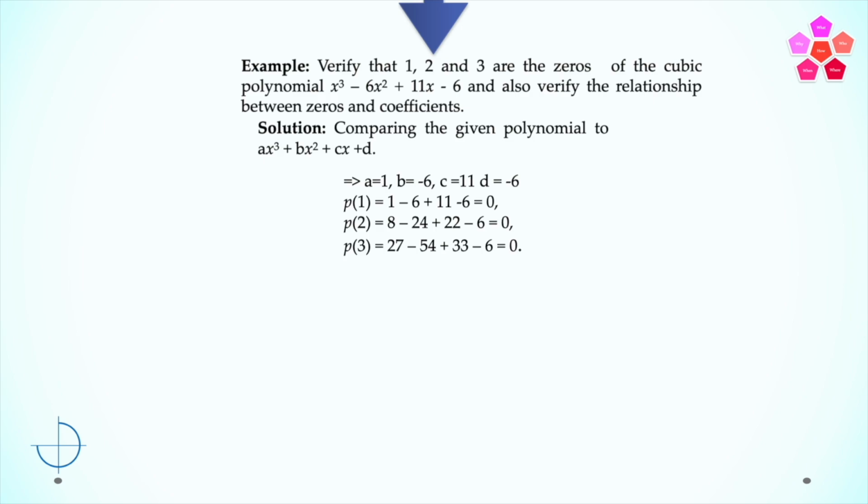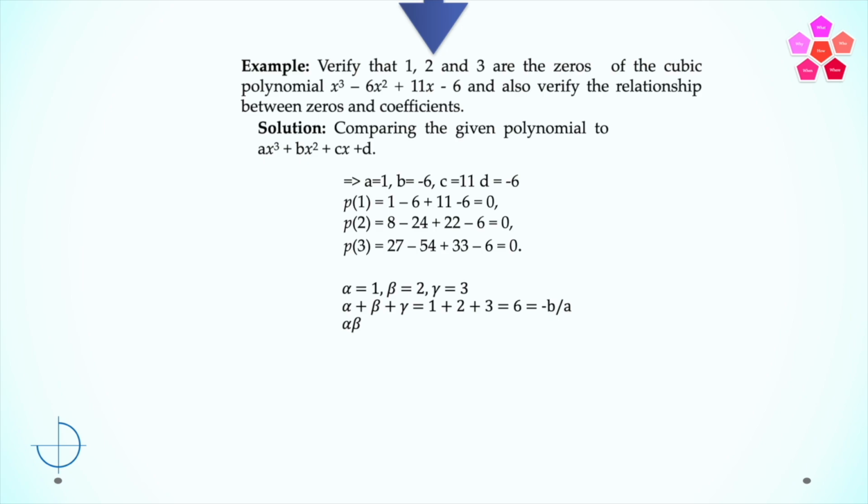So the values can be taken as alpha is equal to 1, beta is equal to 2 and gamma is equal to 3. Now, if we try to verify alpha plus beta plus gamma is equal to 1 plus 2 plus 3, which is equal to 6, which is equal to minus b by a.